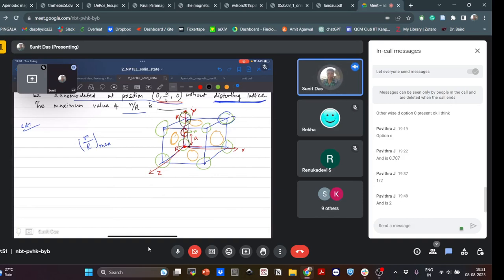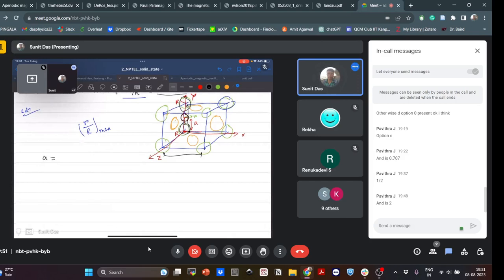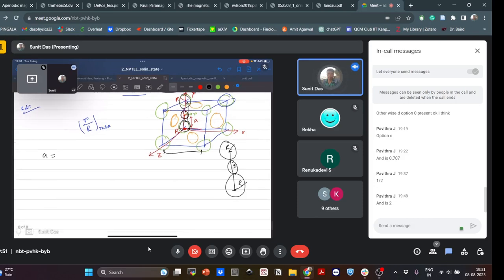This capital R, this small r, this capital R. If a is the dimension of the unit cell, then from this y axis it will be like this: capital R, small r, and again capital R. So a equals 2 small r plus 2 capital R, right?